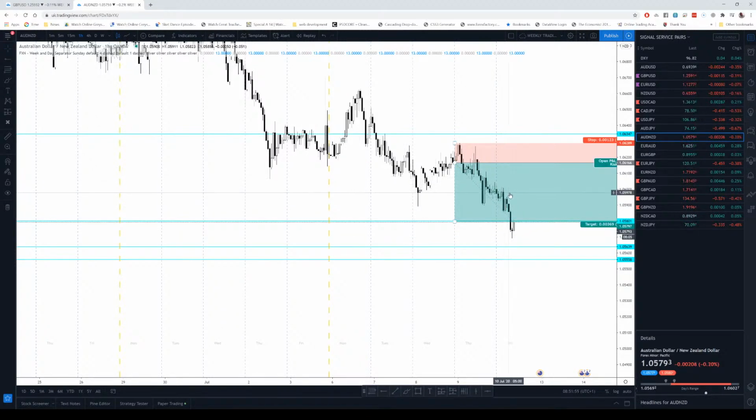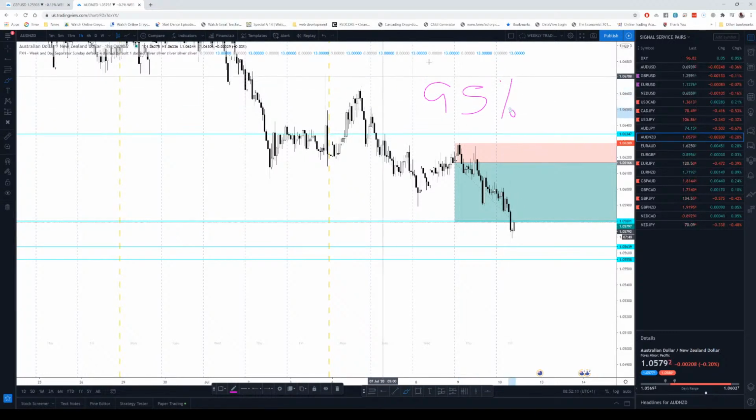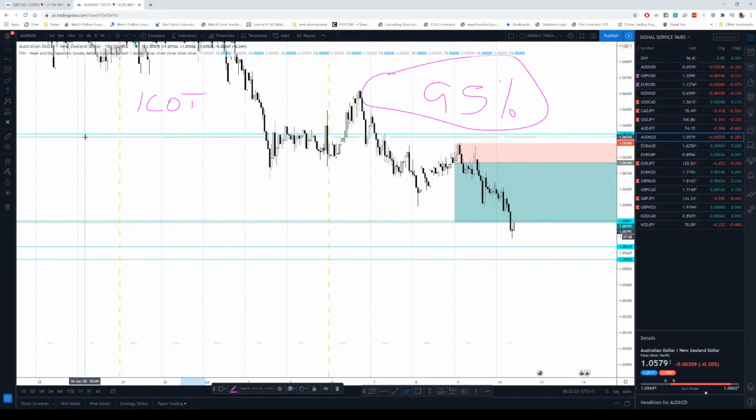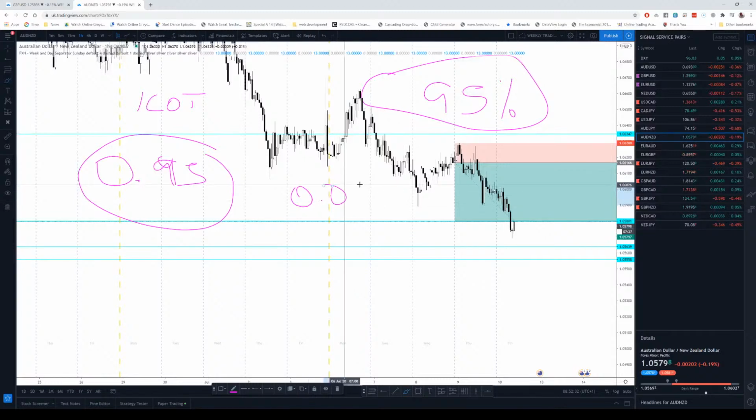If it comes back and stops you out, who cares? You've taken most of your profit off. By where my last TP is, by the time I get there, this is how much I have off on my trade. I have 95% off my total position. So if I have one standard lot, by the time price gets here, 0.95 is gone, and I'm left with 0.05.